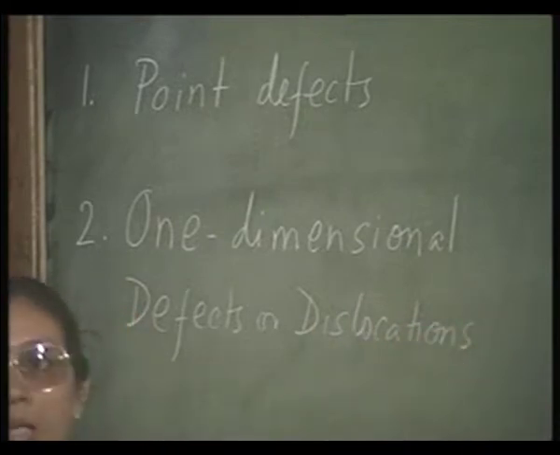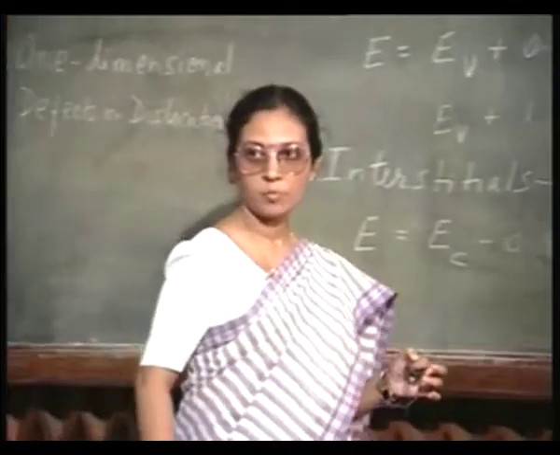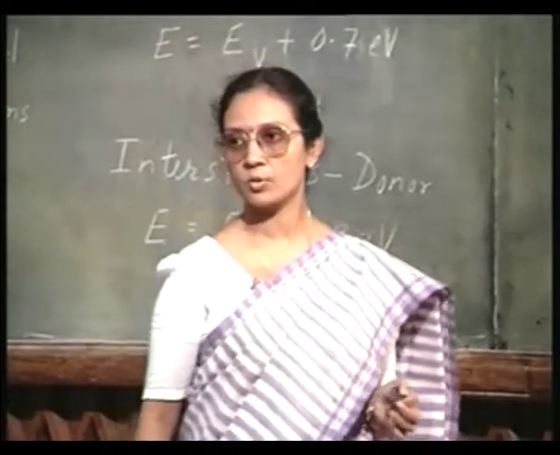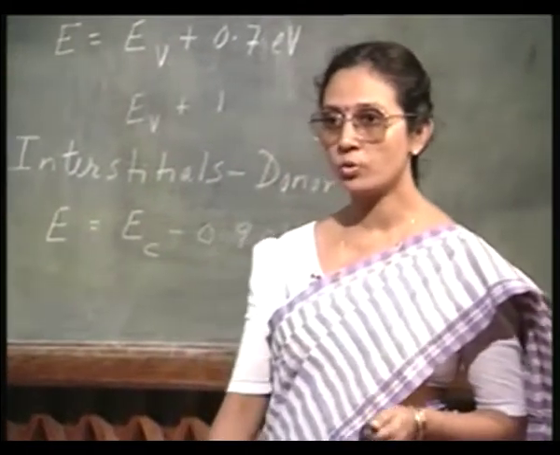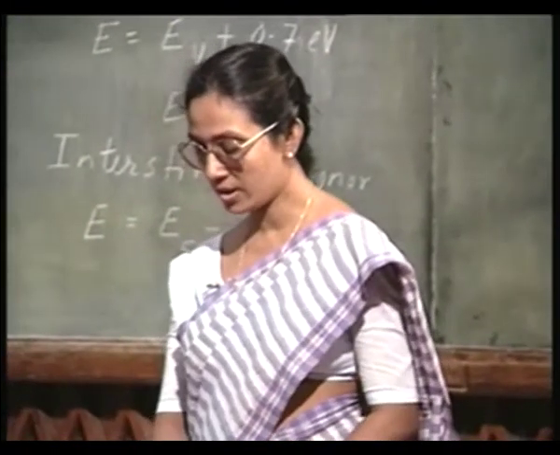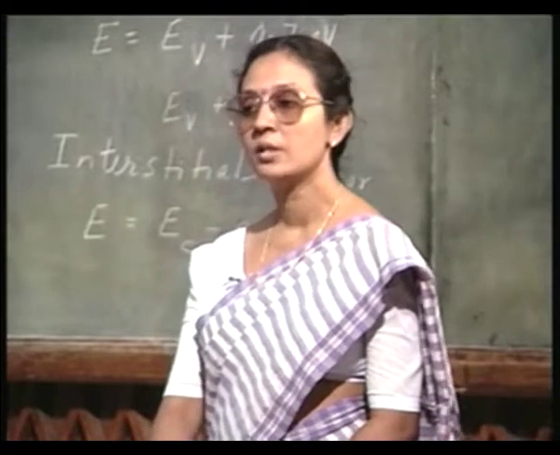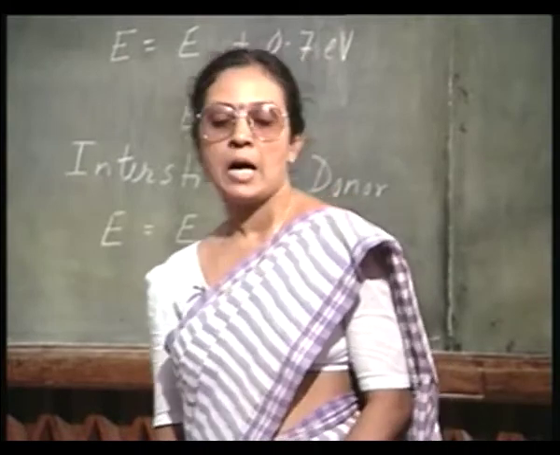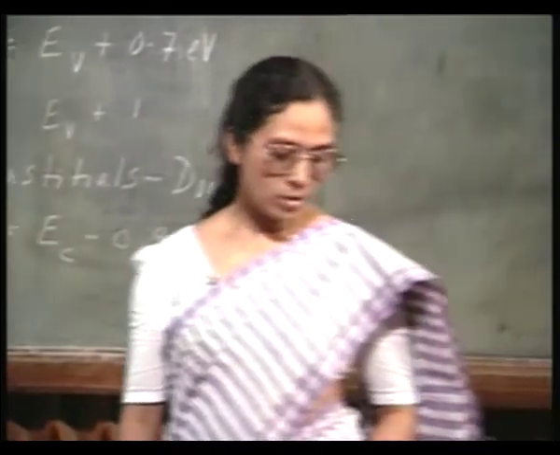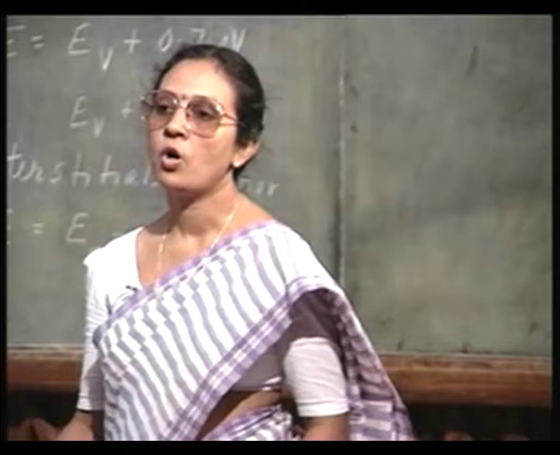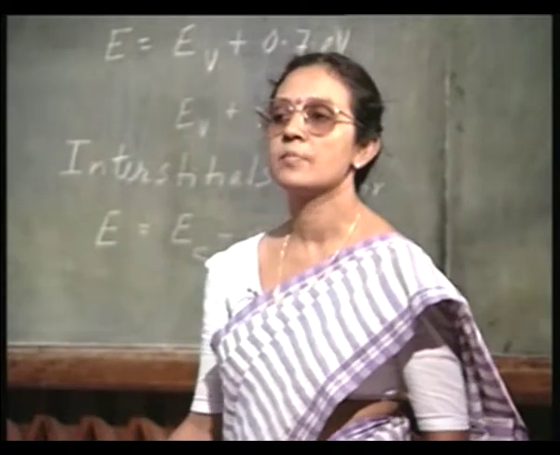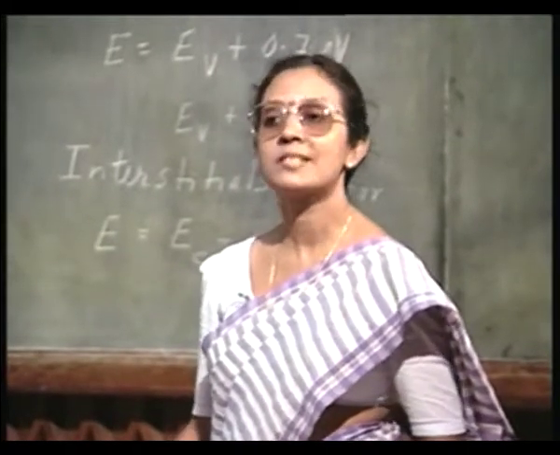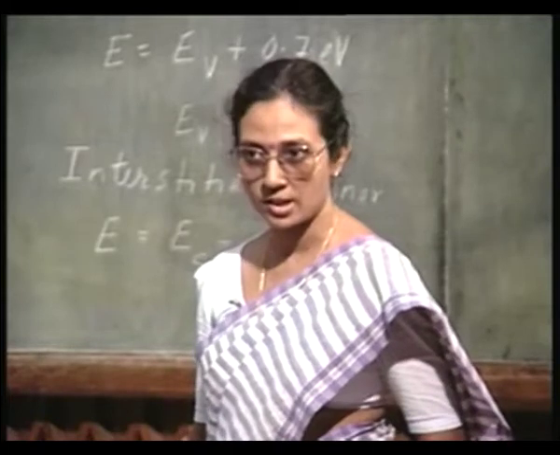Dislocations are one dimensional defects. Point defects, point is 0 dimension, then we move on to the one dimensional defects, which are also called dislocations. A dislocation is formed when the material is subjected to a lot of stress, a lot of shear stress.